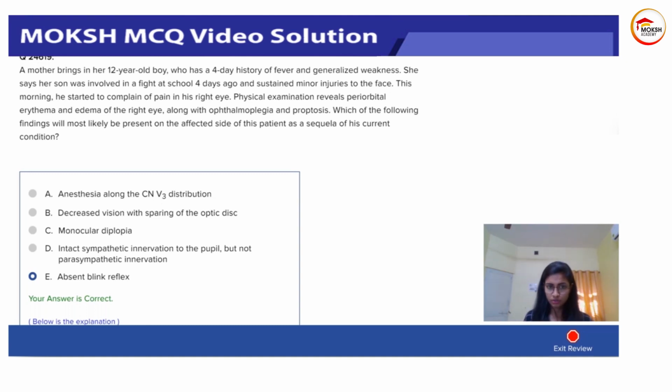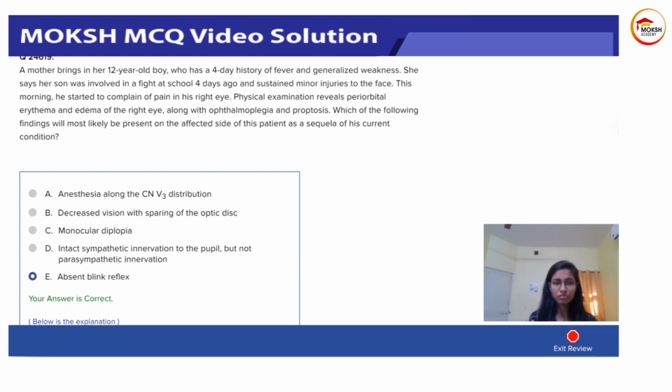So both things are going to go together. So option D, that is intact sympathetic innervation to the pupil, is going to be incorrect. Because if the structures within the cavernous sinus are going to be involved, then the sympathetic plexus over the internal carotid artery will also be involved. Does that make sense?